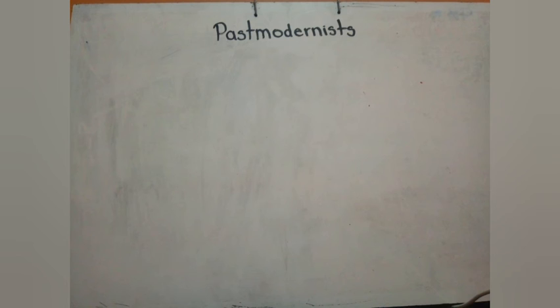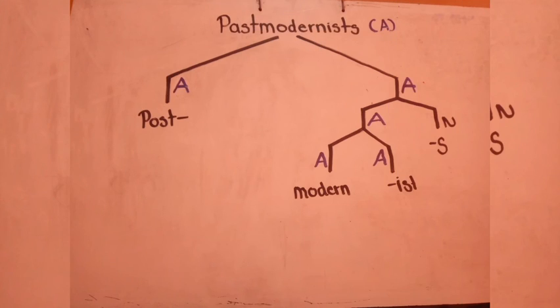Well, before finishing this video, I'm going to tell you something important, okay? We're going to do a tree diagram about morphology, okay? With a word, to try to understand clearly both topics, okay? Well, first of all we have the word postmodernist.